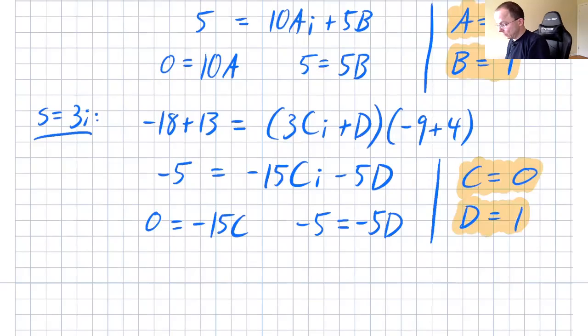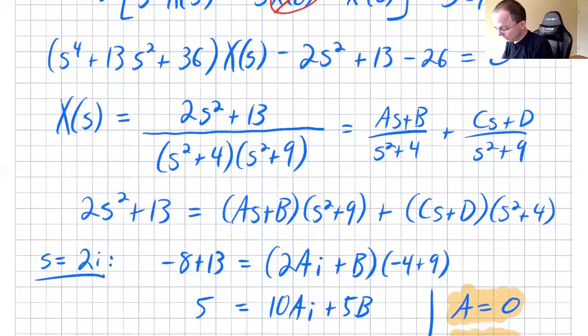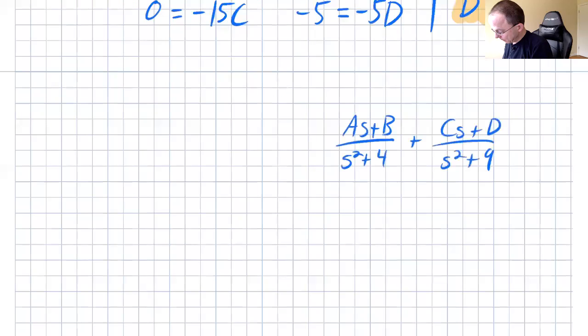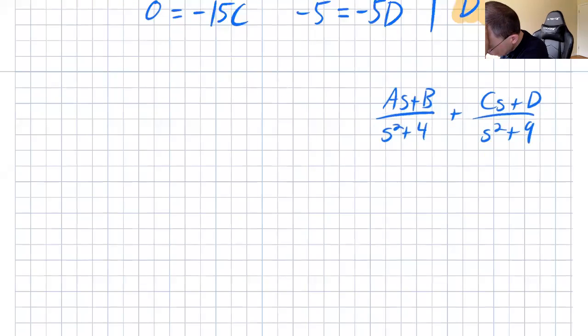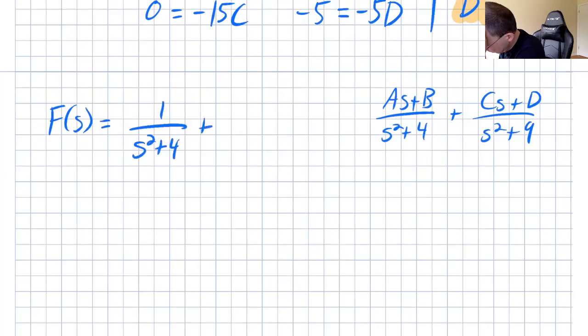Okay, so what is our partial fraction? So we have 0, 1, 0, 1 for these A, B, C, D. So F of s is equal to 1 over s squared plus 4 plus 1 over s squared plus 9.